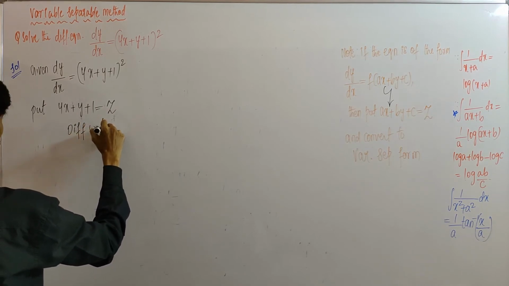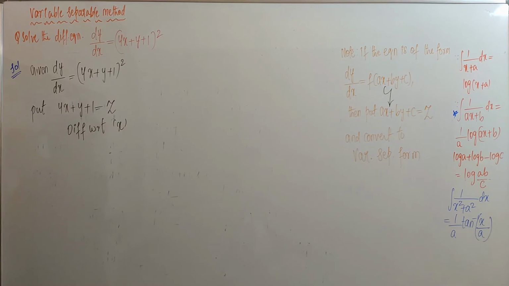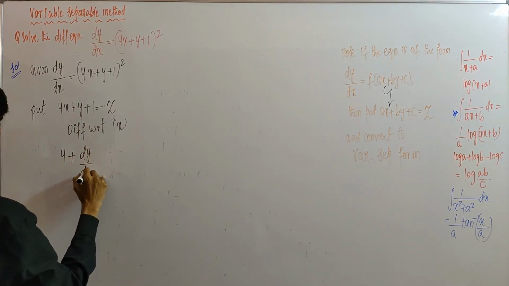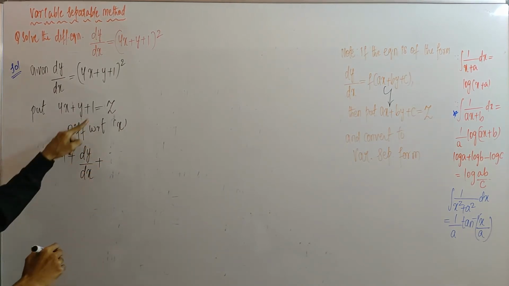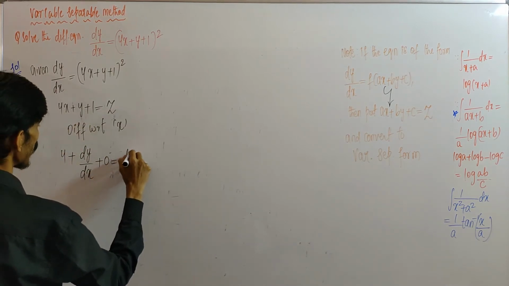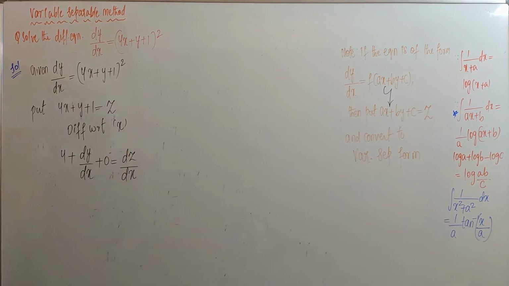Now differentiate with respect to x. Differentiating the above equation with respect to x, here I will get 4 plus derivative of y, dy by dx, derivative of constant is 0, is equal to derivative of z with respect to x, dz by dx.